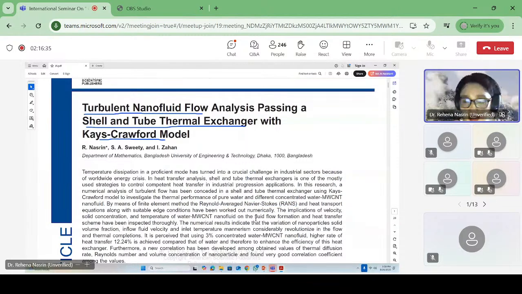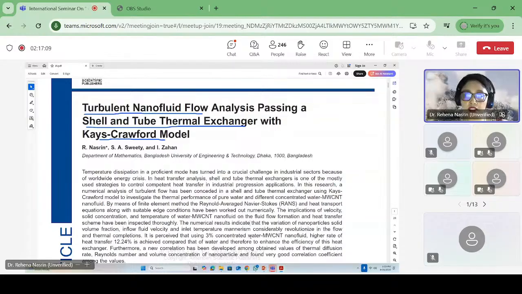Okay, here we use nanofluid. Actually, when nanoparticles are mixed in a fluid like water, oil, or kerosene, they create a nanofluid. Here we use multi-walled carbon nanotube because its thermal conductivity is much higher than water.